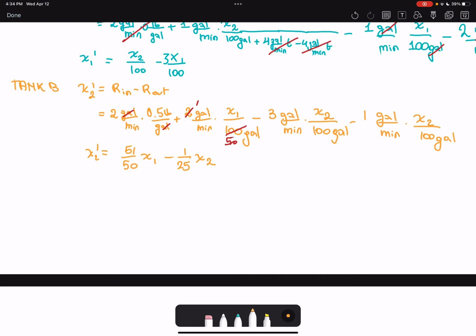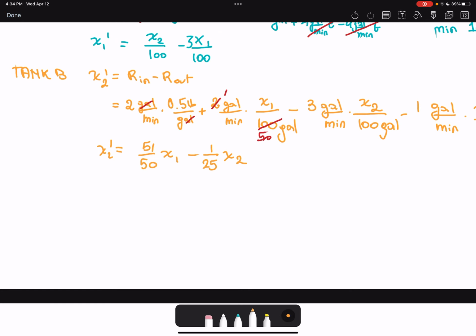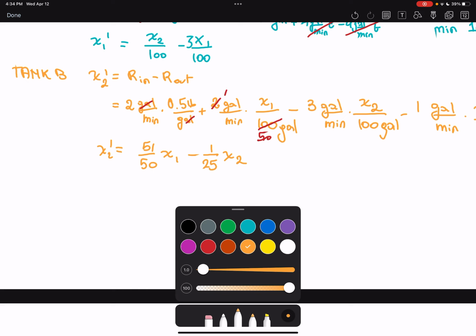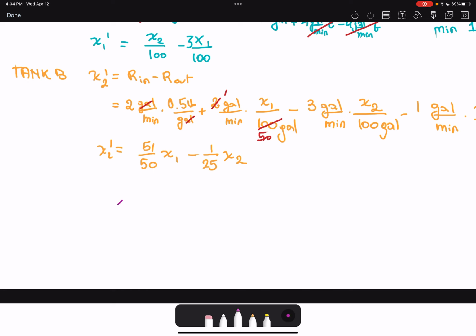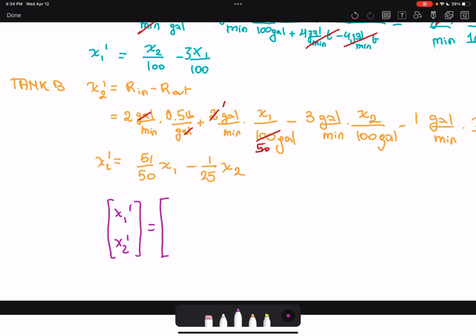And assuming we did this correctly, now we can rewrite the whole system. I'll switch color, and we'll have x sub 1, x sub 2 prime equals, what do we have? Well, we need to put the x1 first. So we'll put 3 over 100 and 1 over 100, and then 51 over 50 and negative 1 over 25.